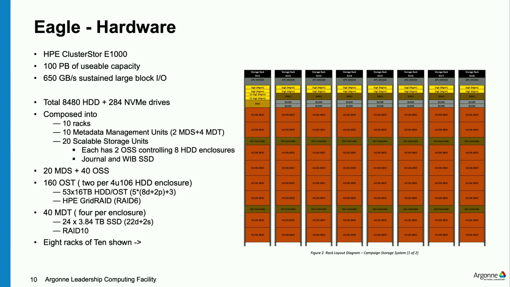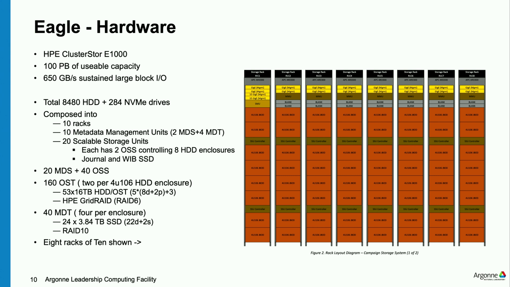The Eagle file system is an HPE Cluster Store E1000. It has 100 petabytes of usable capacity, and I/O rates are above 650 gigabytes per second on the InfiniBand network. In total there are 8400 HDDs.